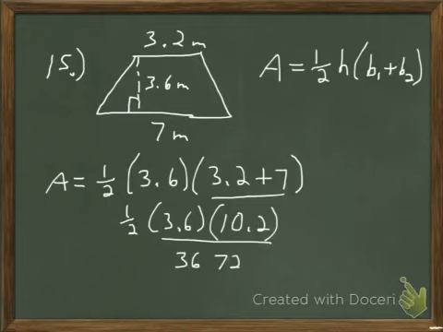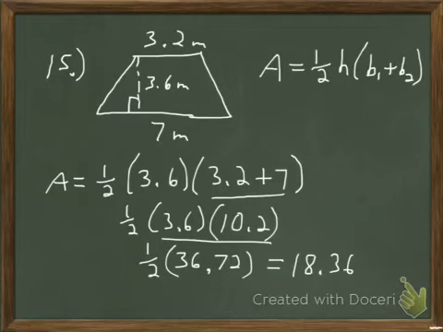I wouldn't make you write this step, but if you want to. And then you need to half that. To half it, either multiply by 0.5 or divide by 2, which is what I like to do. So 18.36, and you saw in my answers, some of them had the squared. If it's asking for the area, you always use that square exponent of 2 on your units, not on your number, but on the units, like yards or centimeters or whatever. Okay, you can pause it and look at it if you need to.